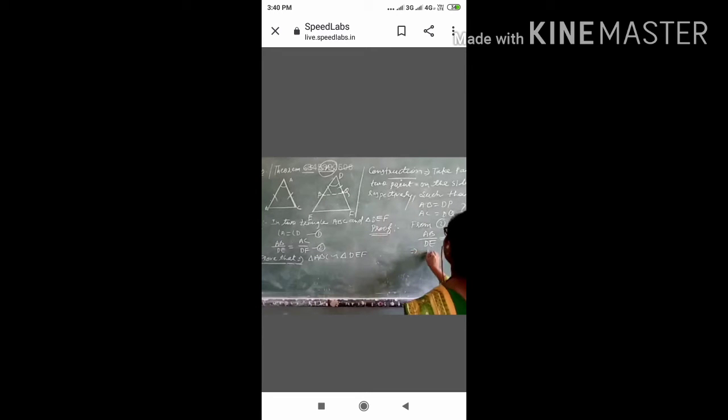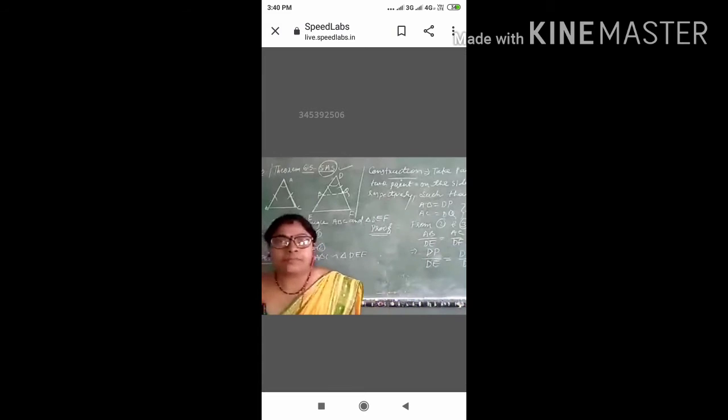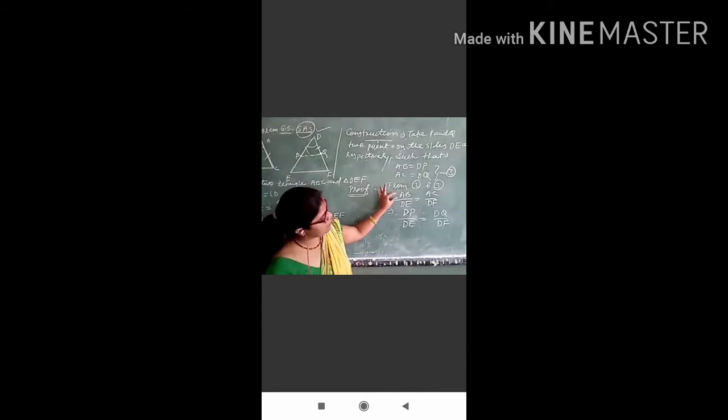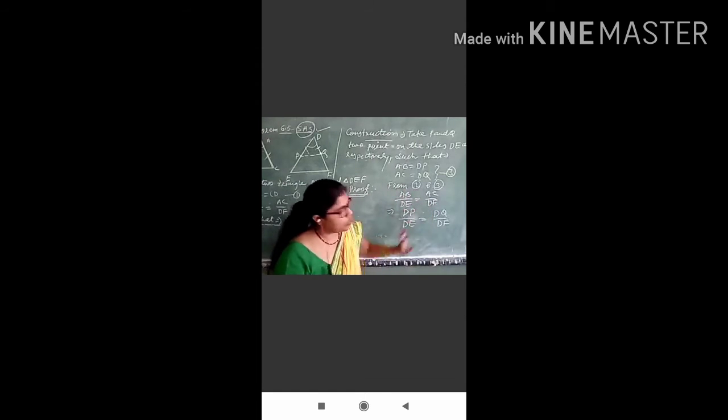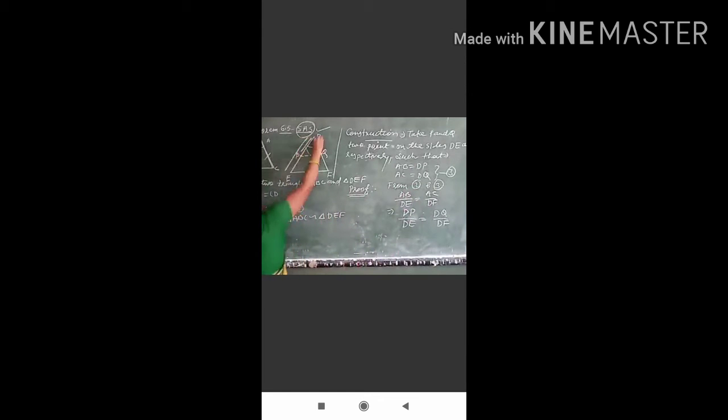So we write it there, DP upon DE is equal to DQ upon DF from 2 and 3. I have taken AB is equal to DP and AC is equal to DQ, so I am writing DP upon DE and DQ upon DF. When we write DP upon DE and DQ upon DF, that means the sides are proportional.